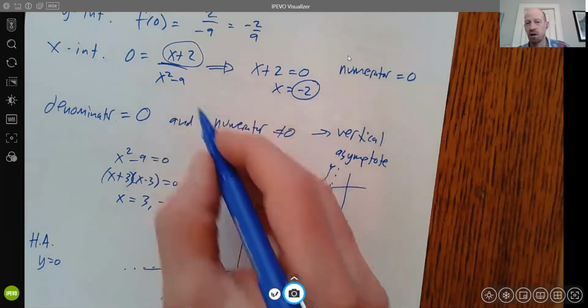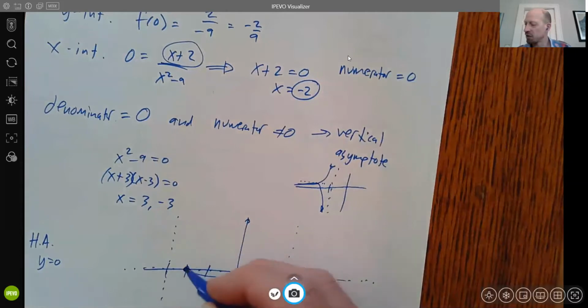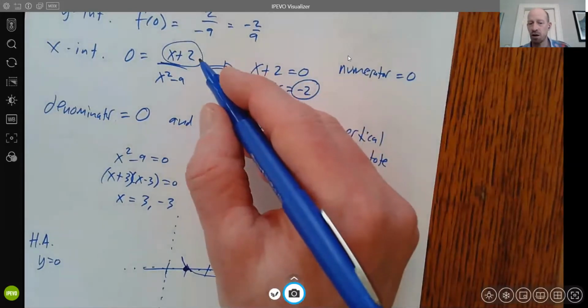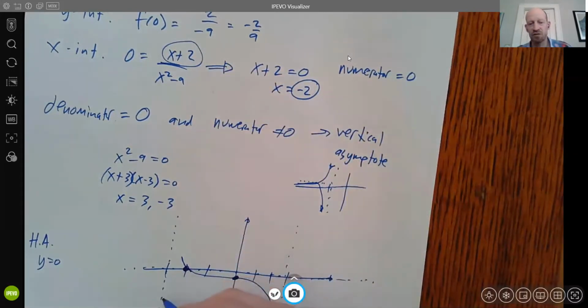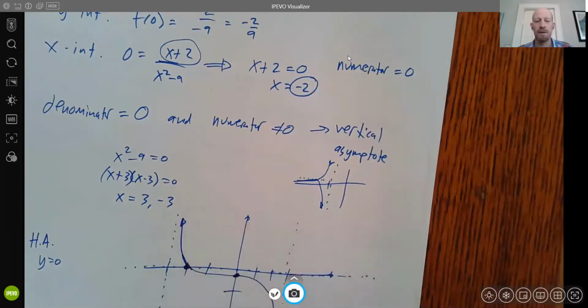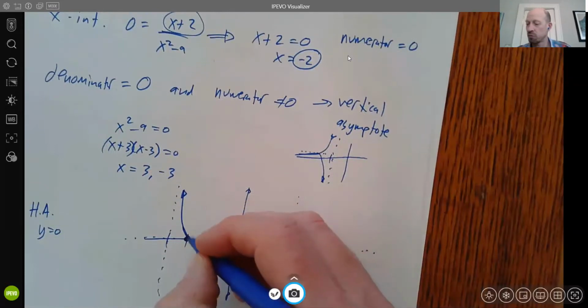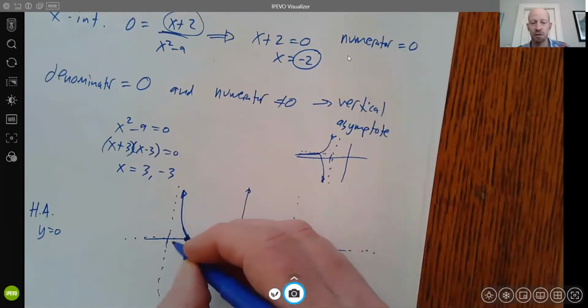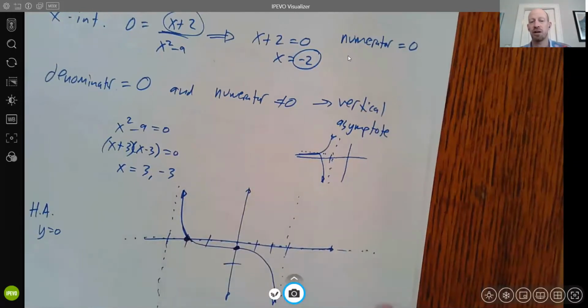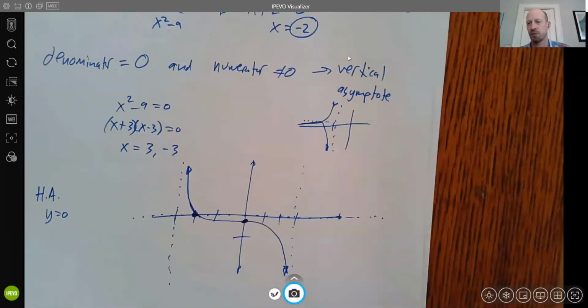It's just 1. So what that means is that x-intercept is going to cross right through. If this were x plus 2 squared, it would come up and come back down. But this one goes right through. And therefore, since it goes through, it can't come back down because there'd have to be another x-intercept. It's trapped, and that has to be going up at that vertical asymptote.